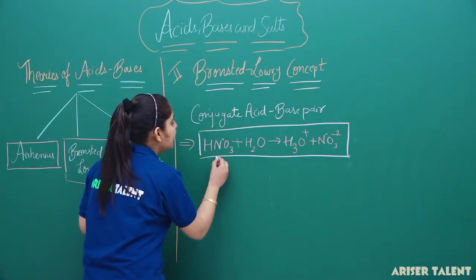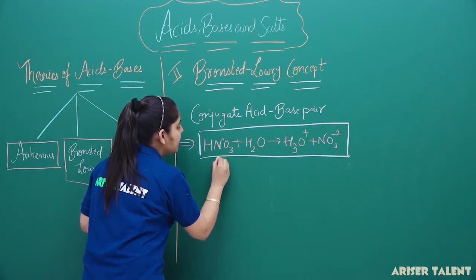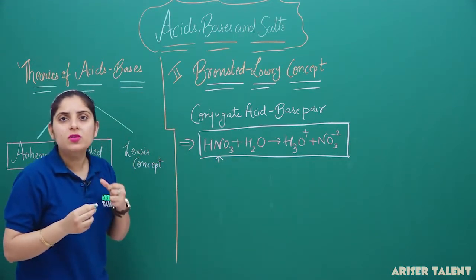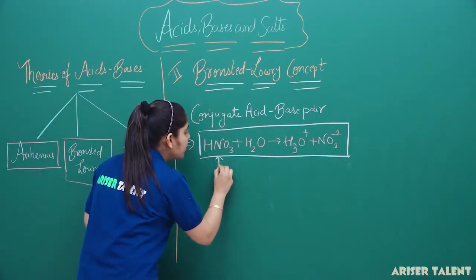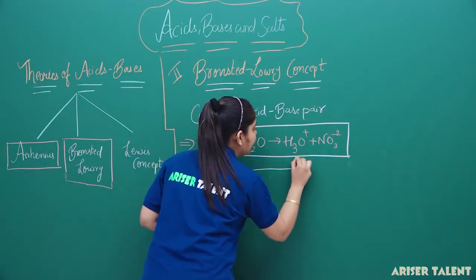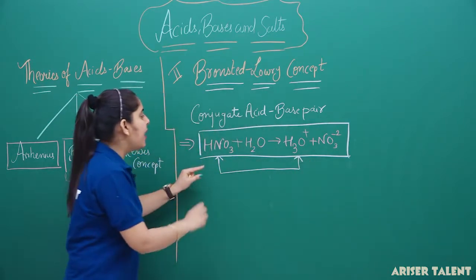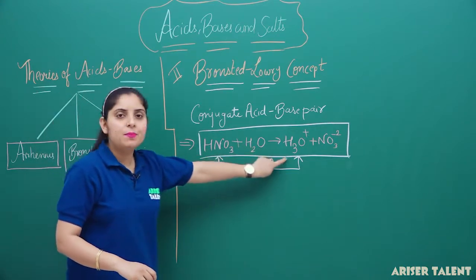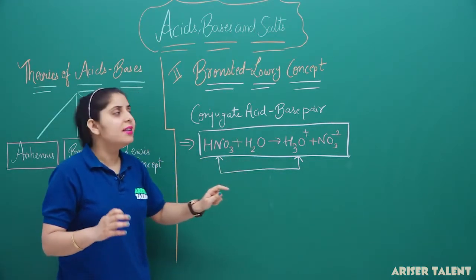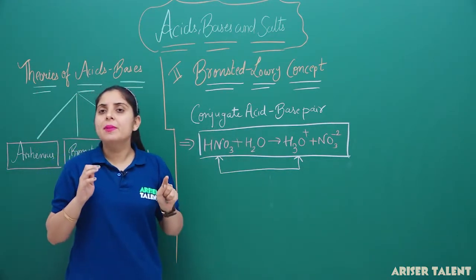So I must say that this is an acid because it has a tendency to lose a hydrogen atom, and H2O has a tendency to gain that hydrogen atom. So we can say that this is a conjugate acid base pair.